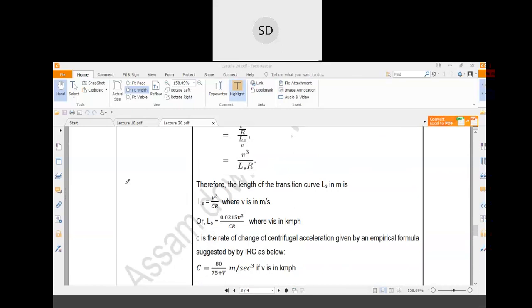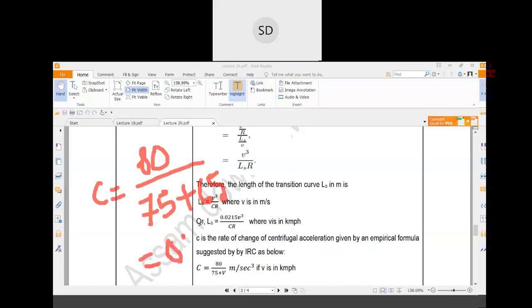So in this numerical, first you have to calculate the value of C. The value of C would be 80 divided by 75 plus V, where V is 65, and you will get a value of C as 0.5 meter per second cube.